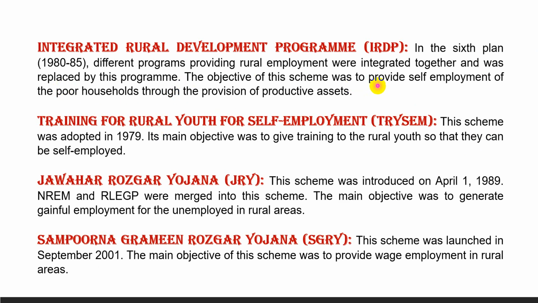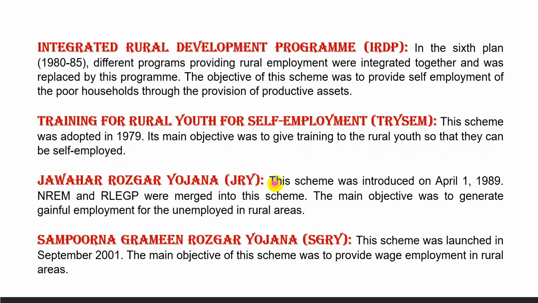The objective of this scheme was to provide self-employment to poor households through the provision of productive assets. Training for Rural Youth for Self-Employment, TRYSEM. This scheme was adopted in 1979. Its main objective was to give training to the rural youth so that they can be self-employed.